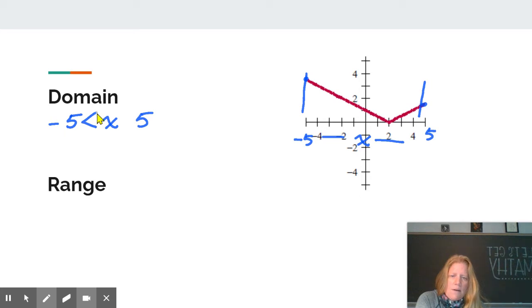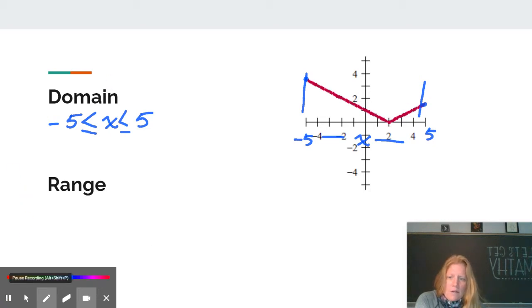One way that I found is helpful for students is if you look at an inequality, you have two endpoints on this side and one endpoint here. 2 is bigger than 1, so now we know that x is larger than -5. And similarly, x is less than or equal to 5. So that is the domain values for that graph.